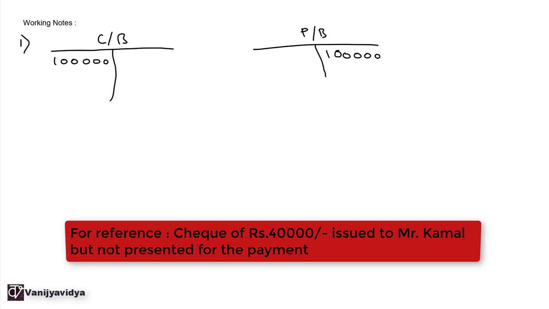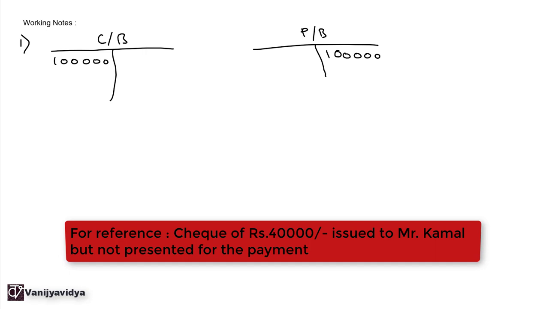Any amount you can take, but it's better to take a round figure. We just want to know the impact of that transaction on cash book and passbook. That is why we have to take some amount as a balance.